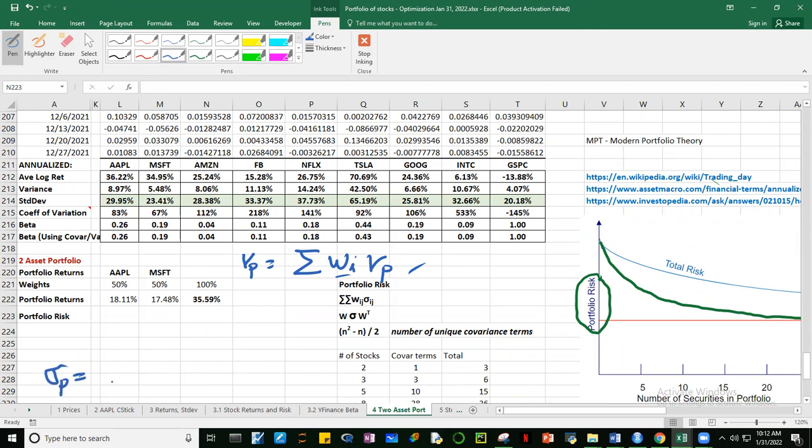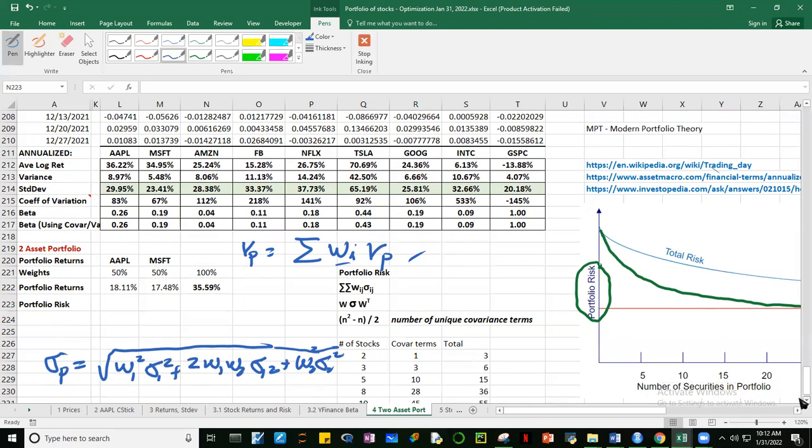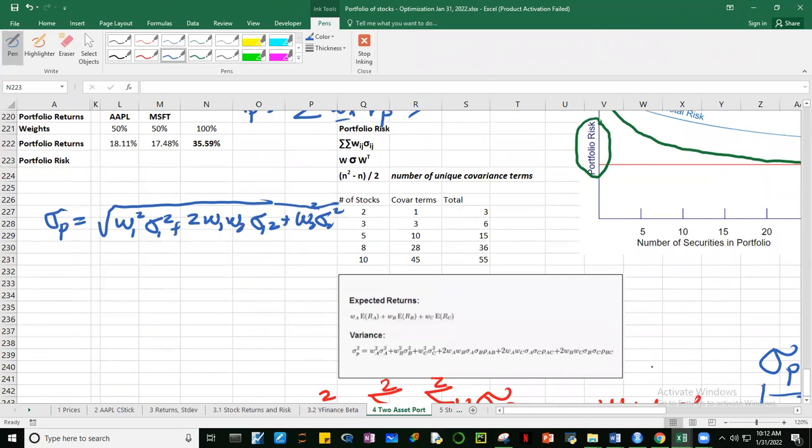It will be square root ng W1 squared variance of 1 plus 2 W1 W2 covariance 1, 2 plus W2 squared variance ng 2. Ayan. Okay? Iisa-isahin natin yan, no? Iisa-isahin natin yan. Pero guys, mahirap gawin yan kasi matrabaho yan, no?